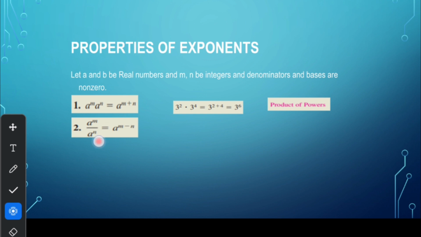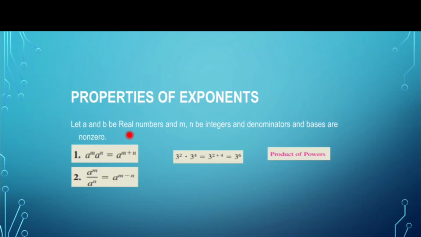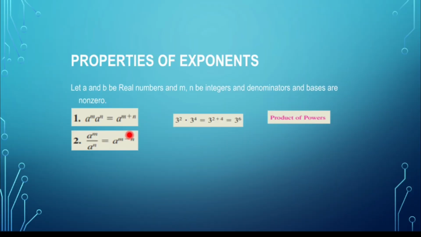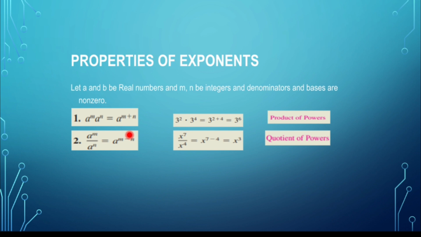In the denominator it has a plus sign, so when it is moved to the numerator it would alter its sign, and we'll write it as a power m minus n. So powers have a difference relation. The example is shown. This is also known as quotient of powers.